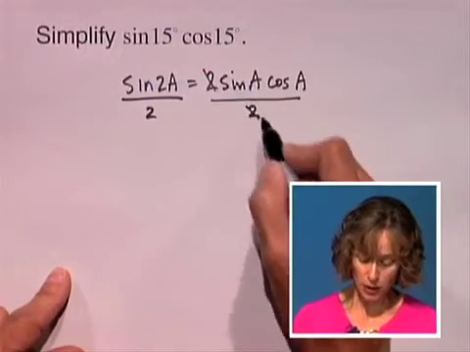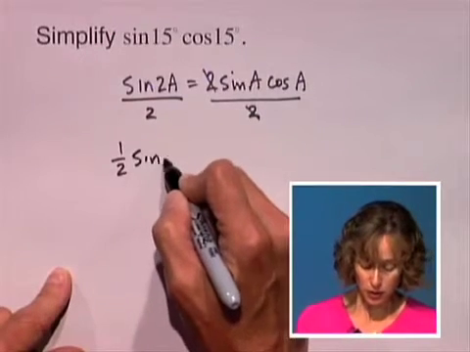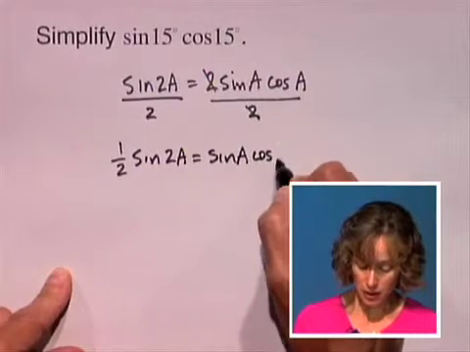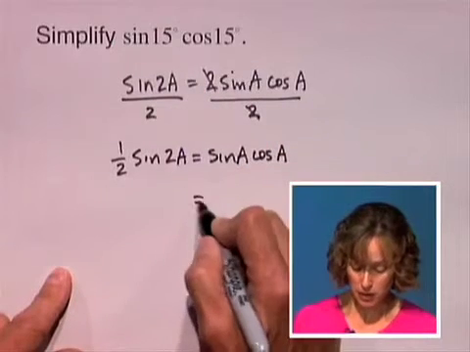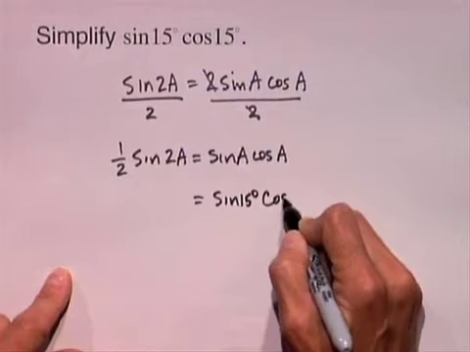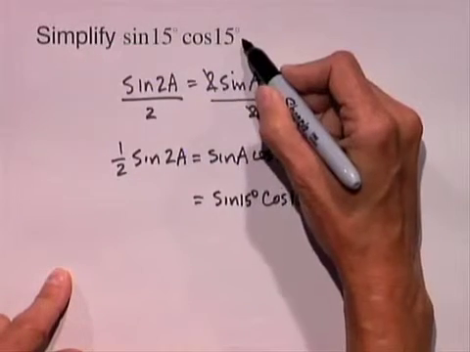That'll simplify the 2's on the right and give me 1/2 sine 2a is sine a cosine a. And now if I replace a with 15 degrees, the right-hand side is sine of 15 cosine of 15 degrees. And that matches what I'm trying to simplify.